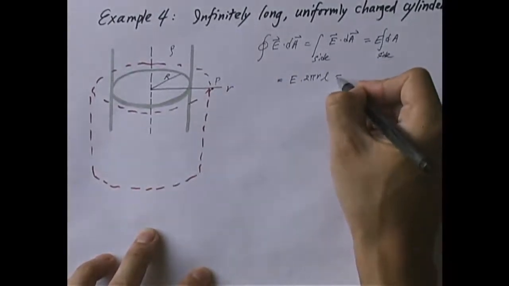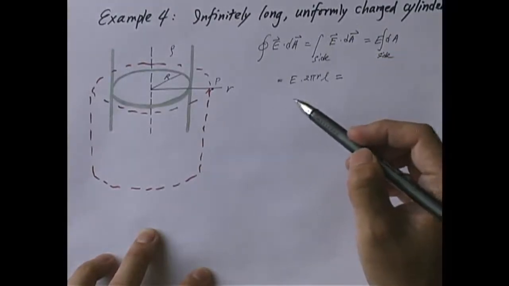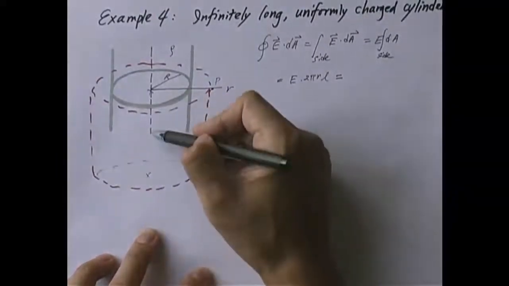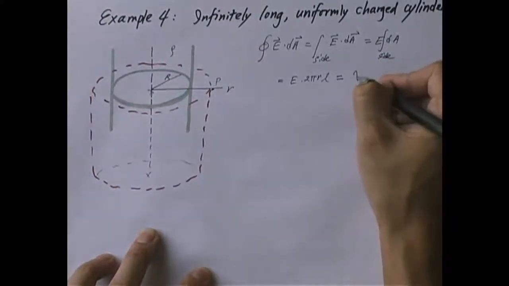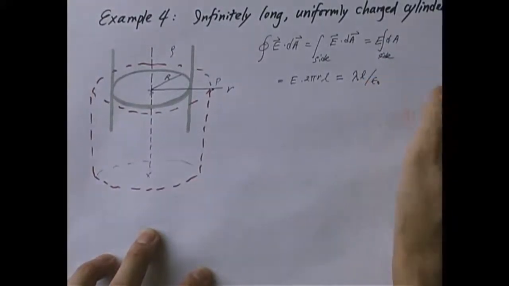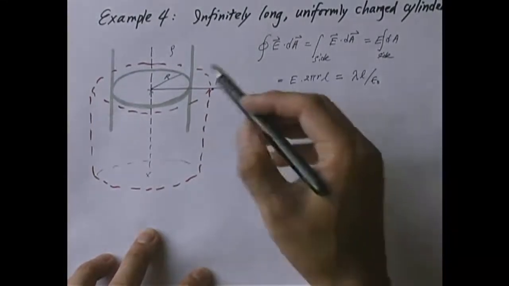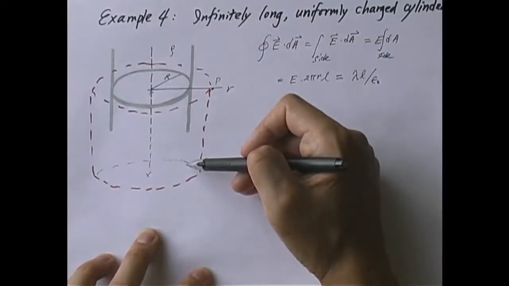And this equals what? It equals the charge enclosed divided by epsilon naught. It is the charge from here to there, okay? So we can easily calculate that. It is just lambda times L over epsilon naught. And lambda can be expressed in terms of rho if you want to, because lambda is the charge per unit length. Now, you look at the unit length. What is the total amount of charge enclosed?